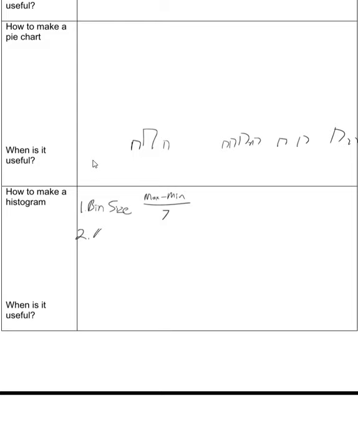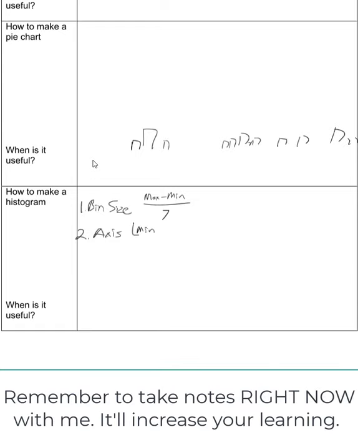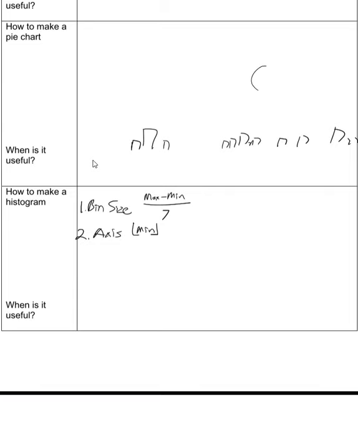Then you create the axes, and when you create the axes, you always take the minimum rounded down, which means taking the floor. You're rounding the minimum down. Why? Let's say you're trying to take a picture of your auntie, and you kind of go like this.